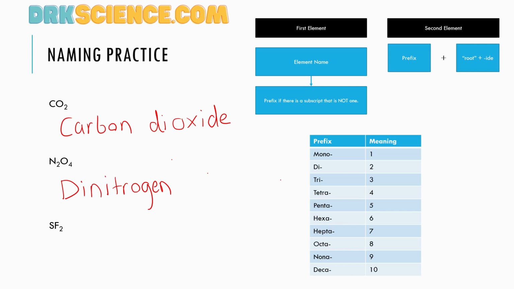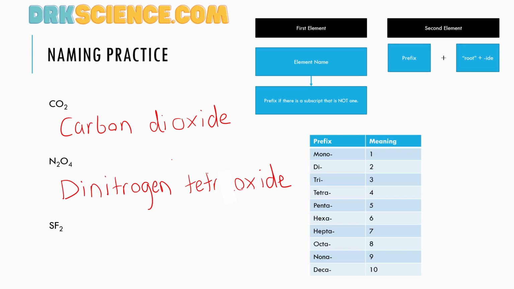So we go over to our prefix table, and we see that 4 is tetra. So we're going to do the same thing. Tetra. We take our root for oxygen, that's OX, take the ending off, and then add the new ending, which is IDE. So we have dinitrogen tetraoxide.